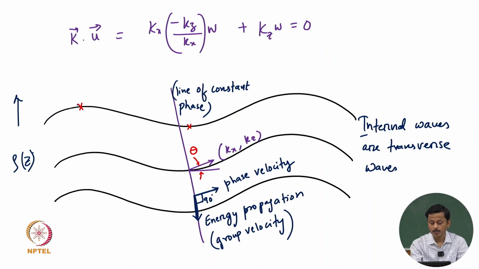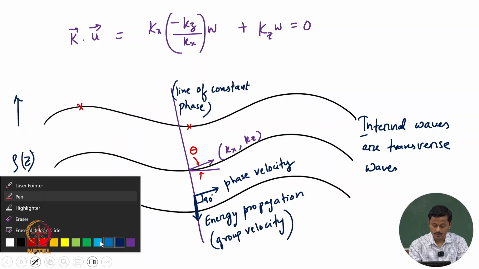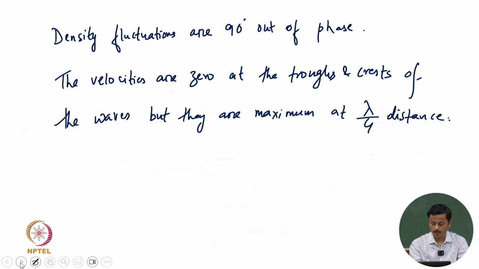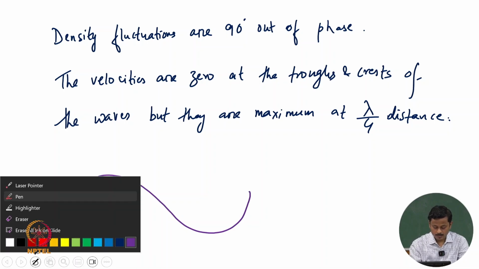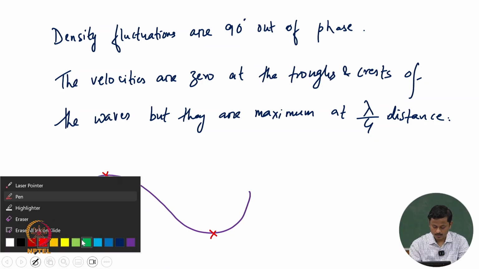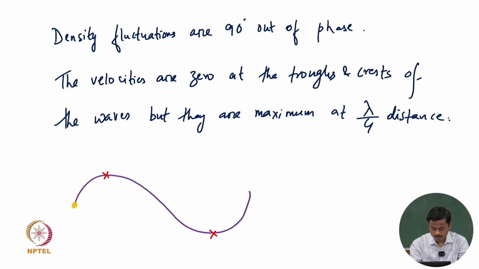Let me draw this wave again, as this is not very perfect. This is one wavelength of the wave, so the velocities are zero at these locations, whereas they are maximum at one-fourth the wavelength. So that's a correct statement.